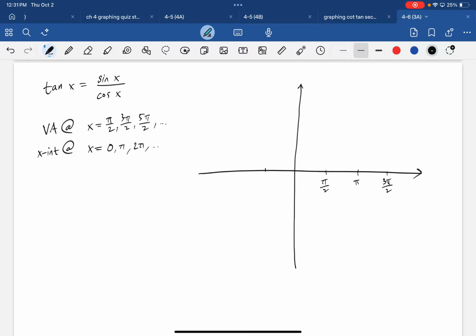Minus 2 pi, minus pi, minus 3 pi over 2. So first I'm going to draw a vertical asymptote at odd multiples of pi over 2. So minus pi over 2, pi over 2, 3 pi over 2, minus 3 pi over 2. Okay? And then I know that tangent also has to intersect the x-axis at even multiples of pi over 2, or multiples of pi. So that tells me that tangent is going to look like this.